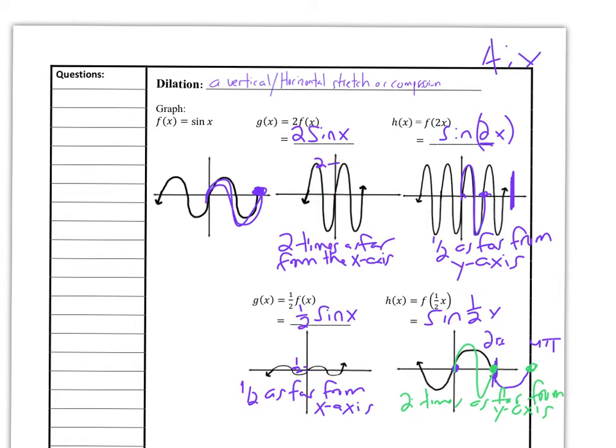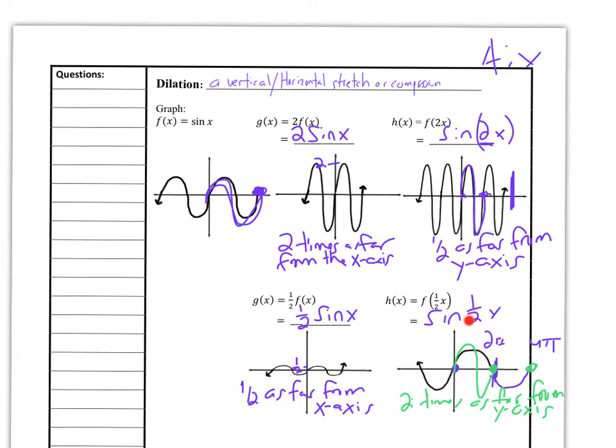If it's inside, inside is messing with us. We're multiplying by 2, but it didn't get 2 times farther. It got half as far. And when we multiplied by a half, it got twice as far. So what you want to realize here is inside is exactly opposite what you'd expect. When it says multiply by 2, we actually flip that 2 and multiply by a half.